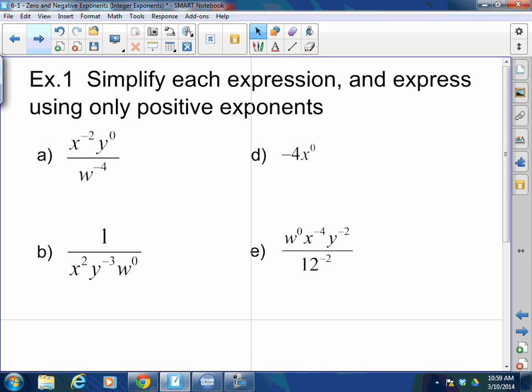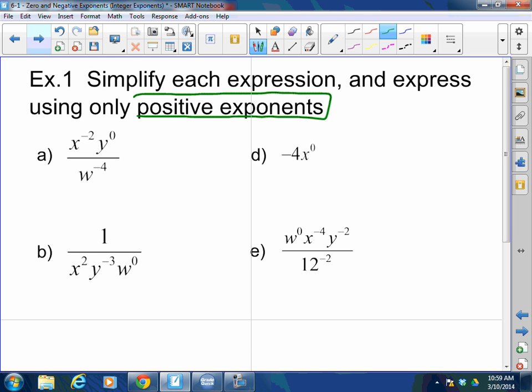Let's just practice now. Let's simplify each expression and express using only positive exponents. Okay? Only positive exponents. So number 1. First of all, what's y to the 0? So that cancels. Bye-bye. I have an x to the negative 2 in the numerator, and I have a w to the negative 4 in the denominator.